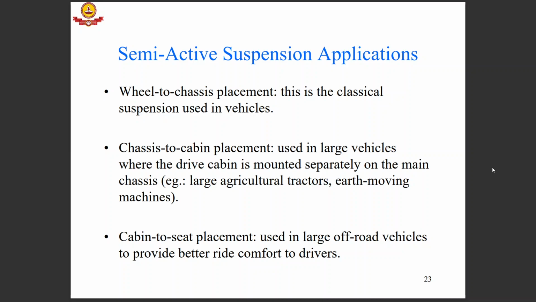And then there is cabin to seat placement. This is used in large off-road vehicles to provide better ride comfort to the drivers. In fact, this area has good potential to come into the passenger vehicle market, from recent observations.